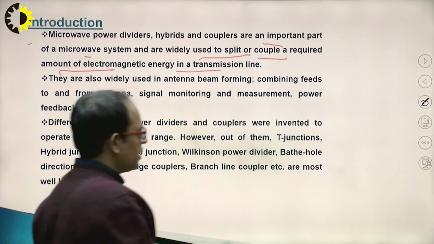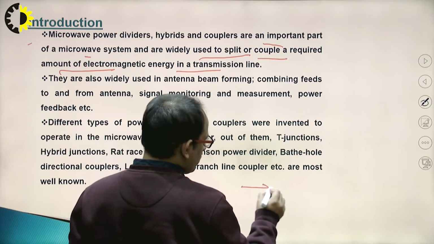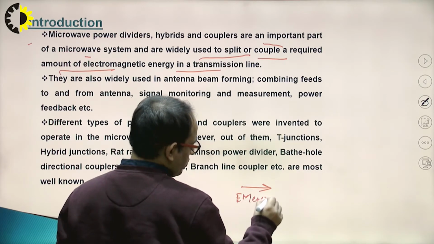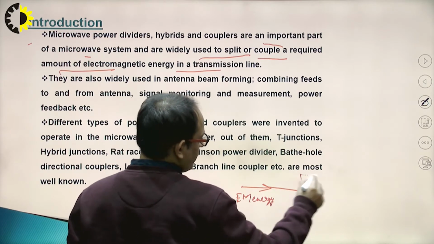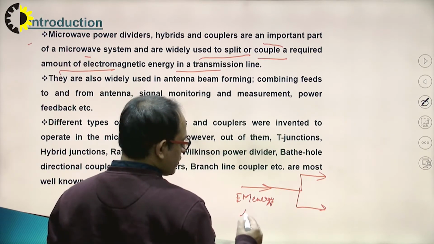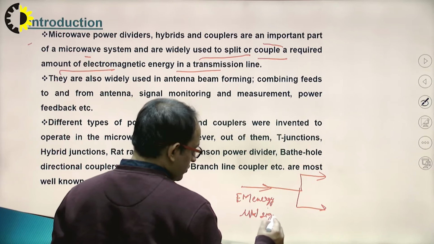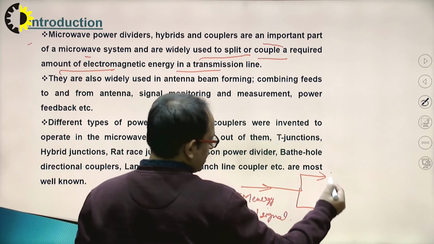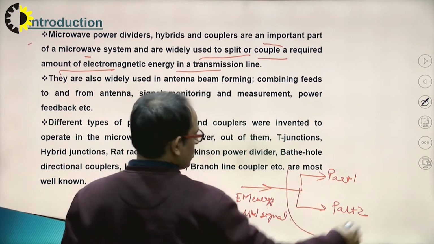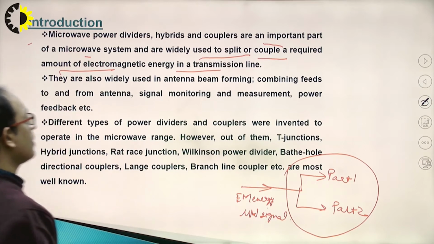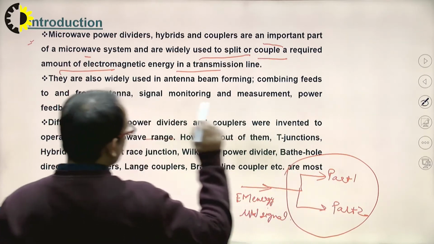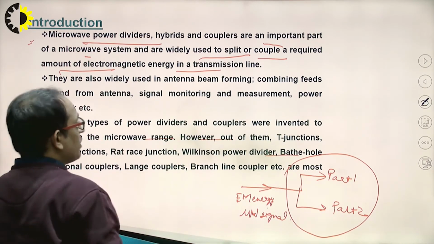Say this is electromagnetic energy, or a microwave signal, and we want to split it into two parts, part 1 and part 2. For that we need a microwave component, and the component that divides it into parts 1 and 2 is known as the microwave power divider.